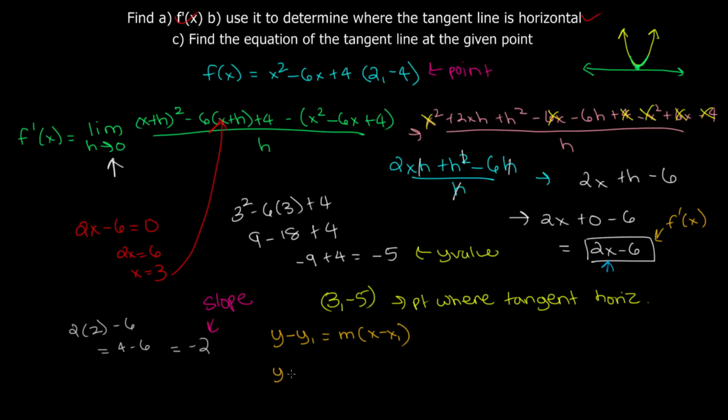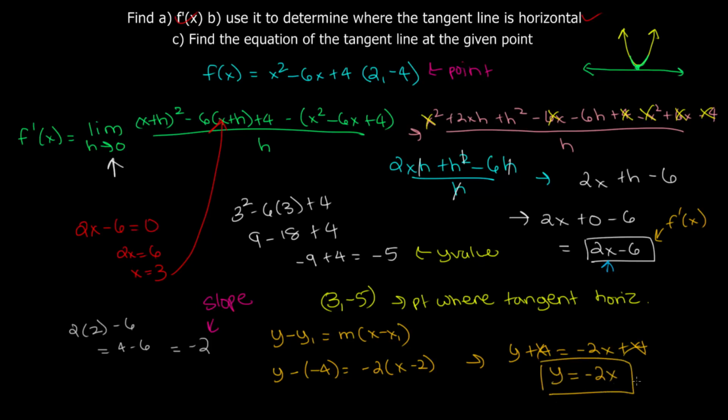So that's going to be y minus negative 4 is equal to negative 2 times x minus 2. And that gives us y plus 4 is equal to negative 2x plus 4. We subtract 4 from both sides and they basically just go away. y is equal to negative 2x. And that is going to be the equation of our line that is tangent to the point that's given to us.